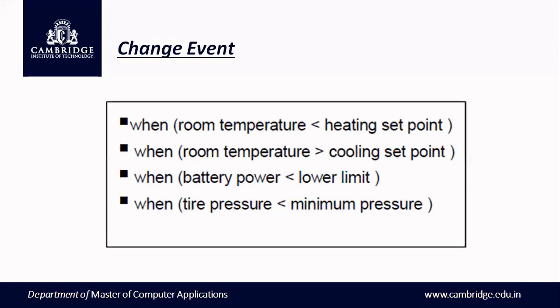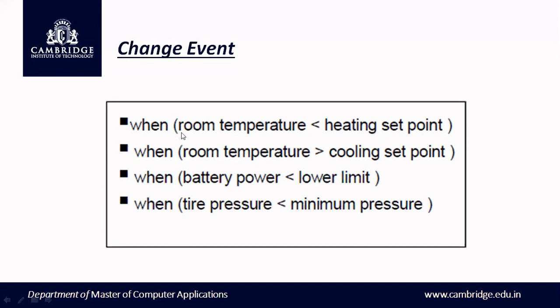Just like a time event, in a change event as well we are using when as the keyword, followed by parentheses. Within the parentheses, we specify the Boolean expression, where we can use all the algebraic operators like less than, greater than, equal to, not equal to. For example, when room temperature is less than heating set point.